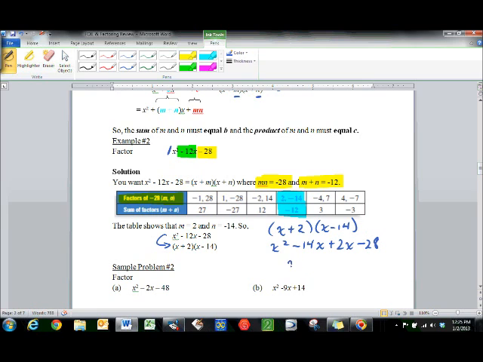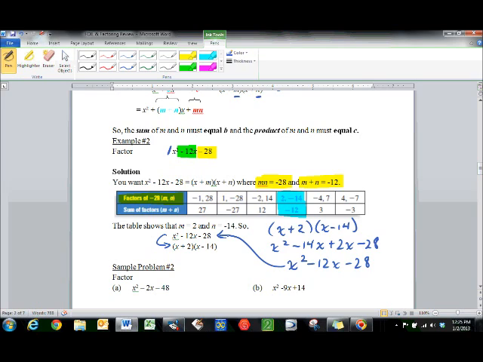If I combine my like terms, that gives me x squared minus 12x minus 28, which we see was our original trinomial. So that clearly indicates that we factored this trinomial properly into the two binomials necessary.